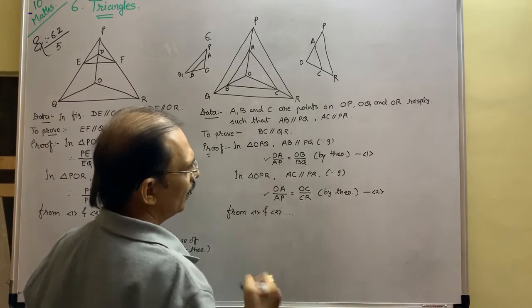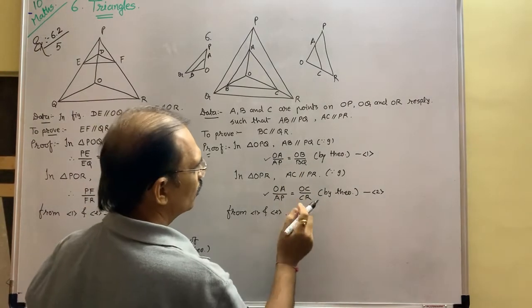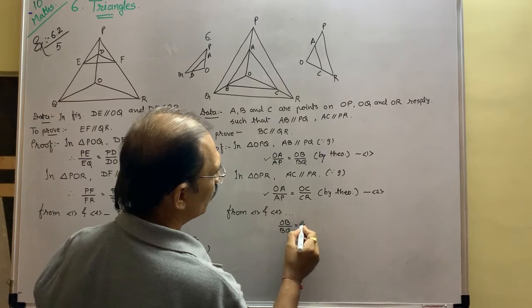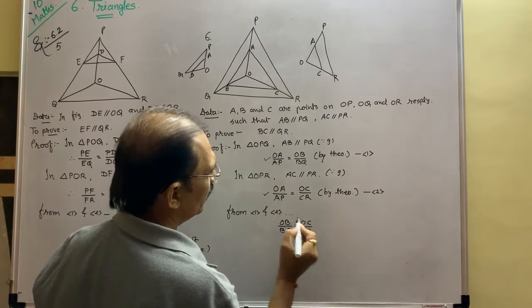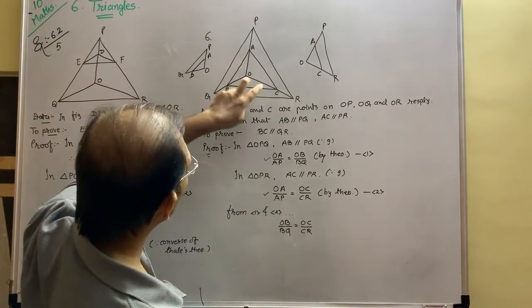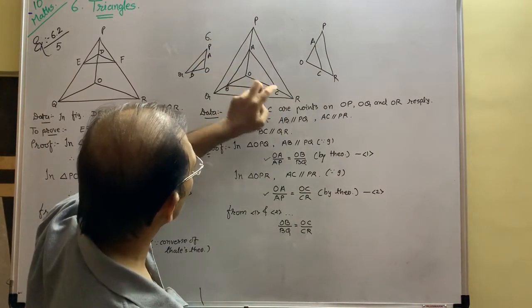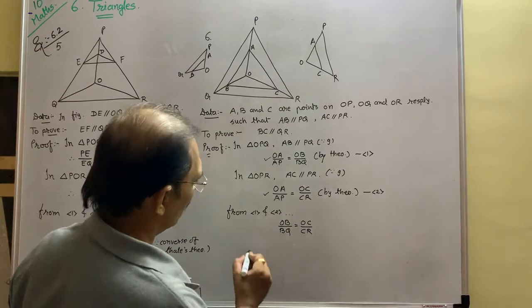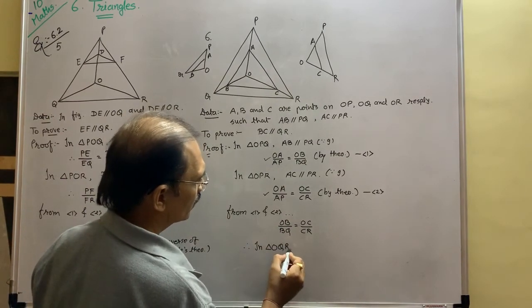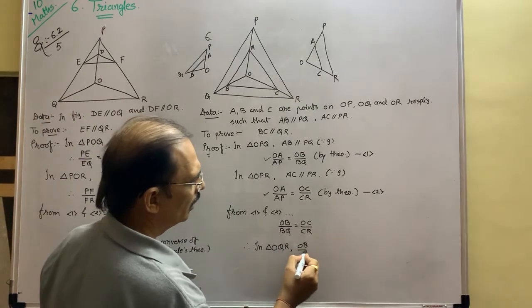OA upon AP, left sides are equal, so right sides are also equal: OB upon BQ equal to OC upon CR. Check this. So in triangle OQR, sides are in the same proportion.